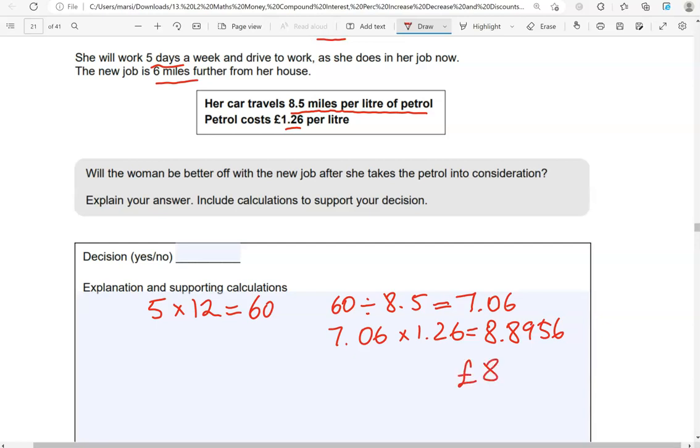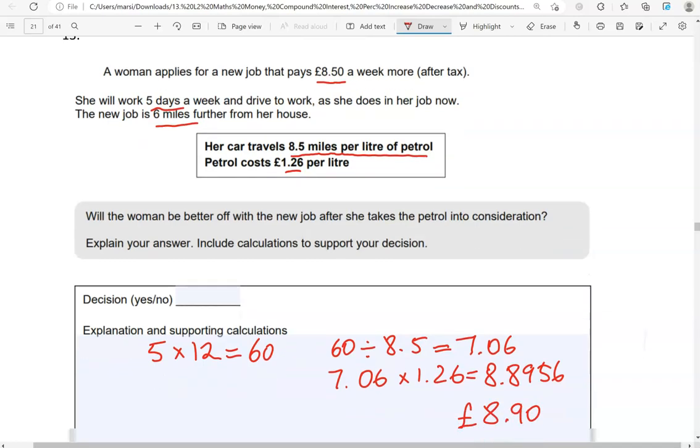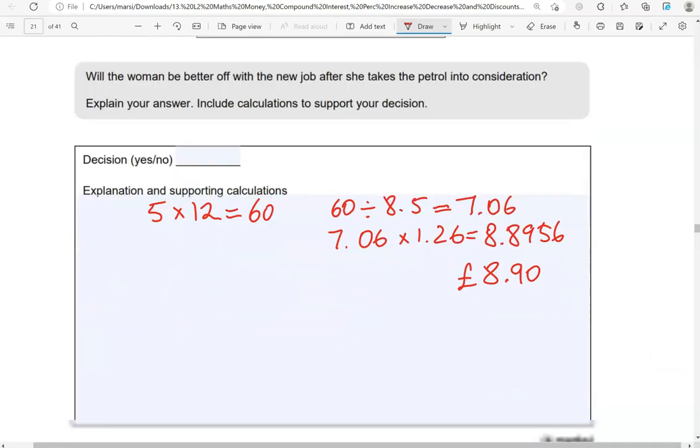So that is £8.90. And if we compare it to £8.50, will the woman be better off with a new job after she takes petrol into consideration? We're going to say no, because that's not enough to cover the cost.